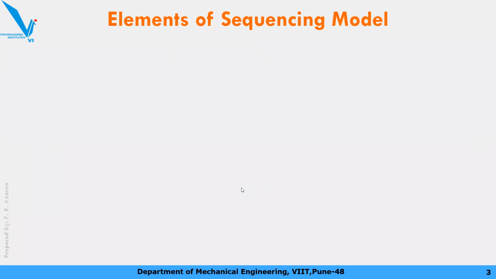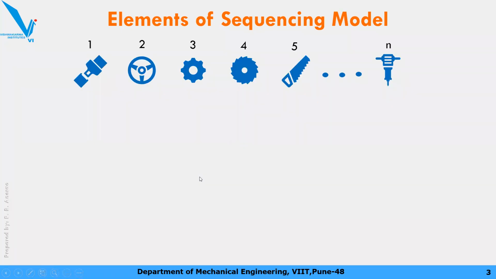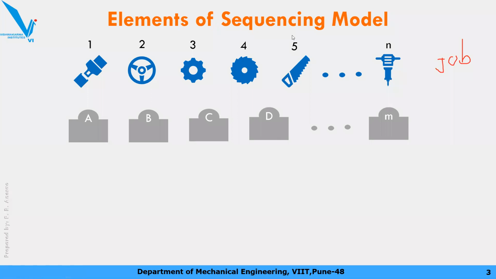Okay, a few things related to the sequencing model, we call them the elements of the sequencing problem. Imagine a scenario where there are n number of jobs, which are your jobs or components to be manufactured, and there are m number of machines on which these jobs go through and get processed.